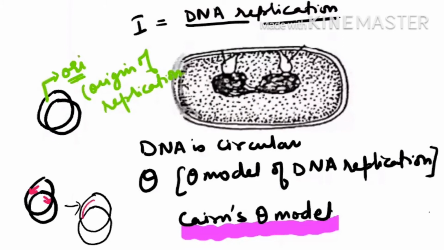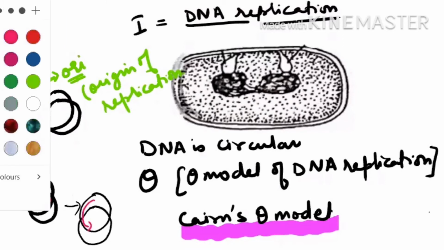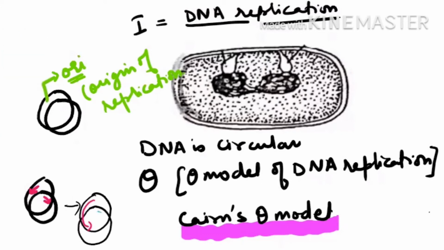This will start going to this side, and this will start going to this side. So this is the way the replication goes on. Isn't it giving an appearance of theta? That is why we call it the theta model of DNA replication. It was observed by Cairns, so we call it Cairns theta model of DNA replication.